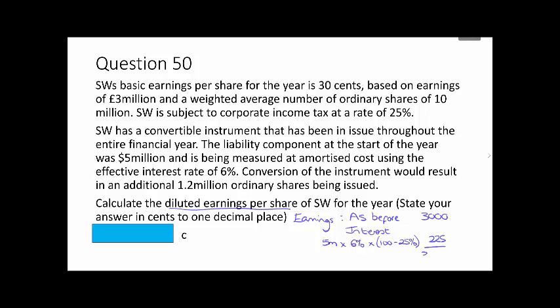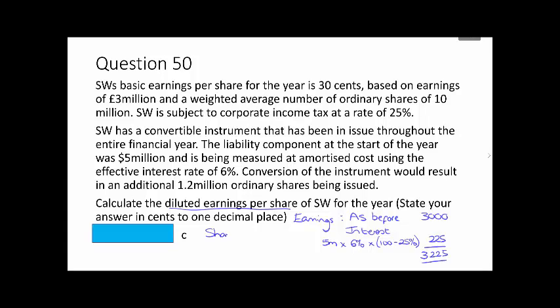So for the purposes of the diluted earnings per share calculation, we would have an adjusted earnings figure of $3.225 million. However, the other thing to bear in mind is that converting this debt into shares would actually increase the weighted average number of shares.